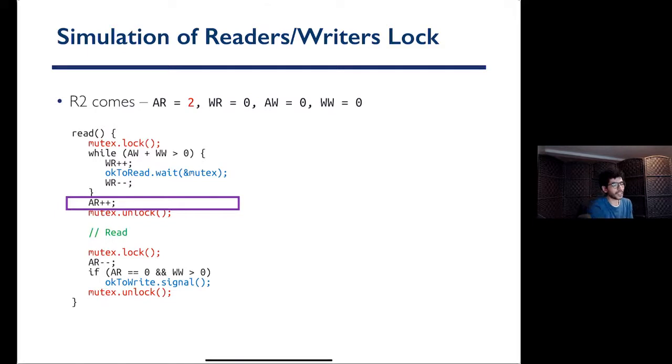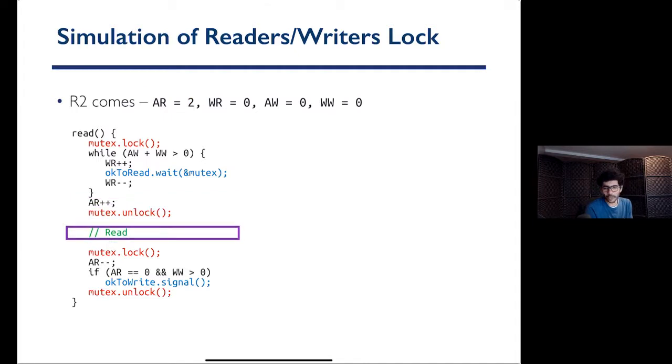Now we have active readers equals 2, and we're good. This one enters the programmer's critical section and starts accessing the database safely. Now there are 2 readers accessing the database simultaneously, and that's what we wanted: 2 or more readers reading simultaneously, and this implementation gives us that.